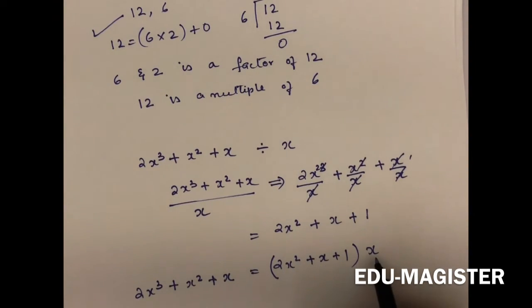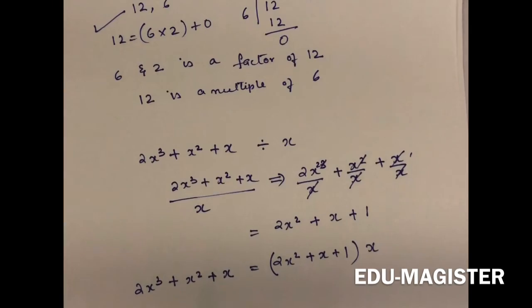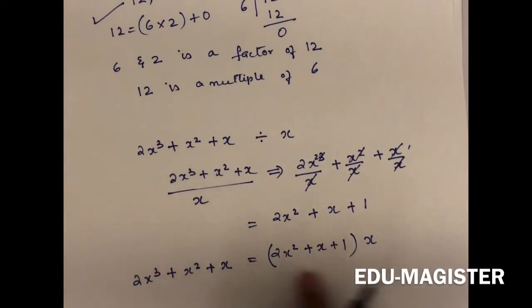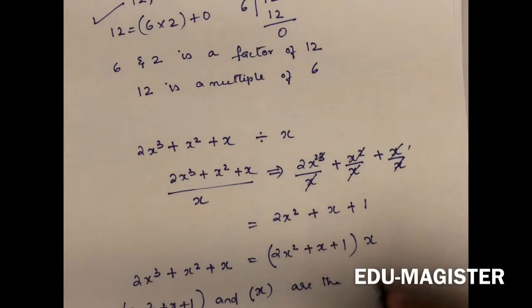If you open this bracket, you will get back this polynomial, 2x cube plus x square plus x, right? Now can I say from this exercise that 2x square plus x plus 1 and x are the factors of the polynomial 2x cube plus x square plus x? Yes?